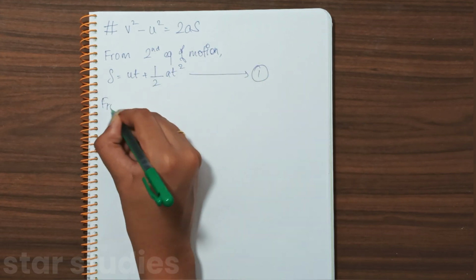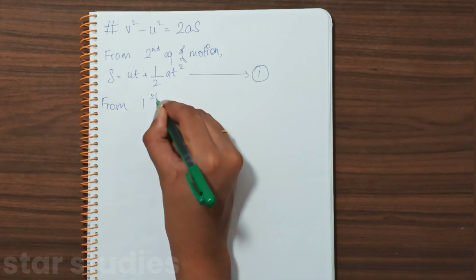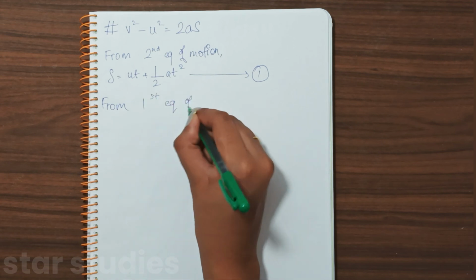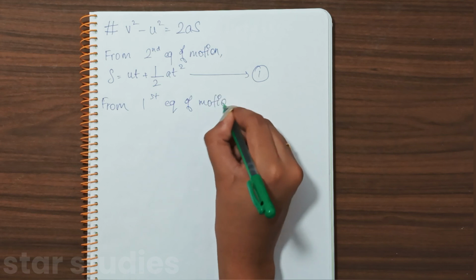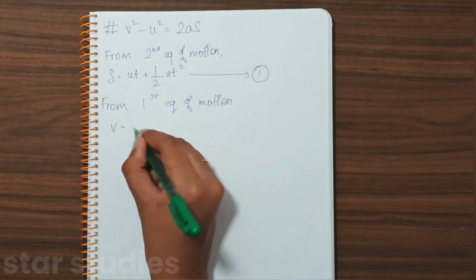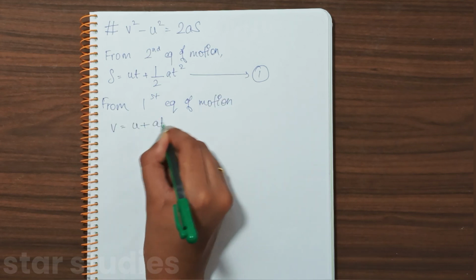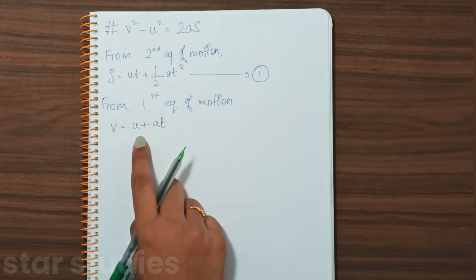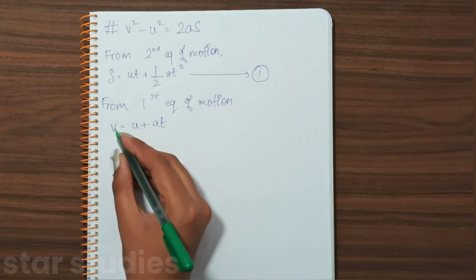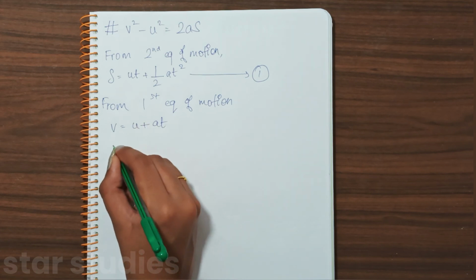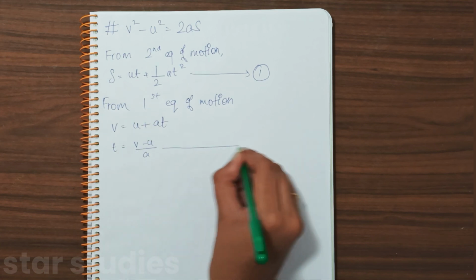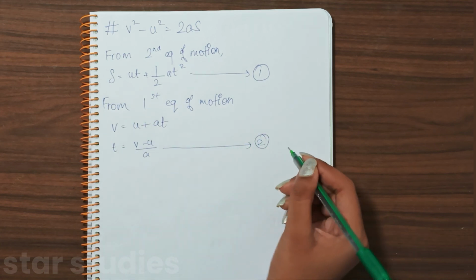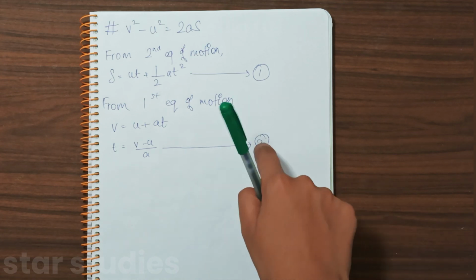Recalling the first equation of motion, we are going to rearrange this equation such that t is on the left hand side. Now we're going to substitute 2 in 1.